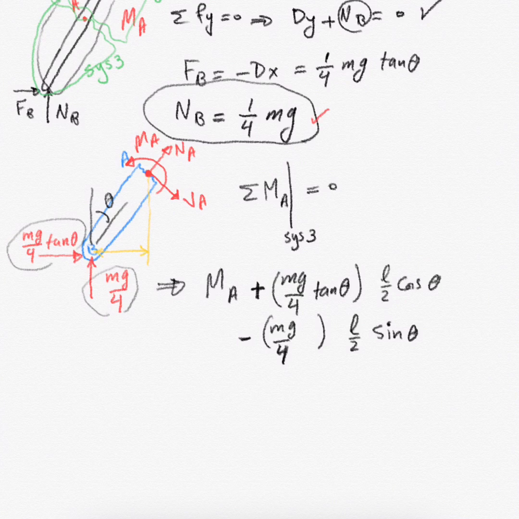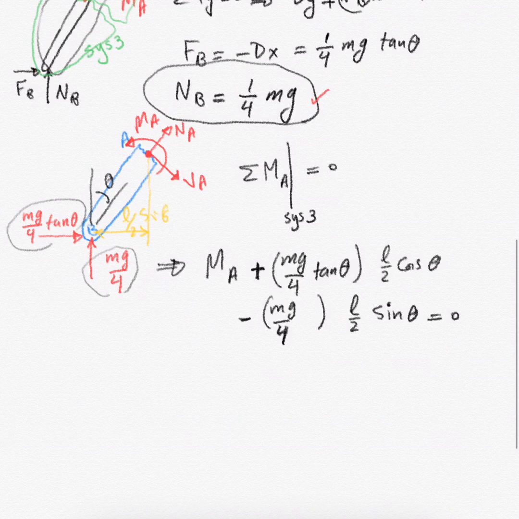This is the moment arm, L over 2 sine theta. So L over 2 sine theta times mg over 4, and it's negative. This summation must end up being 0 according to the laws of equilibrium. So that's an interesting part. It looks to be a complicated relation, but look, we can simplify that.